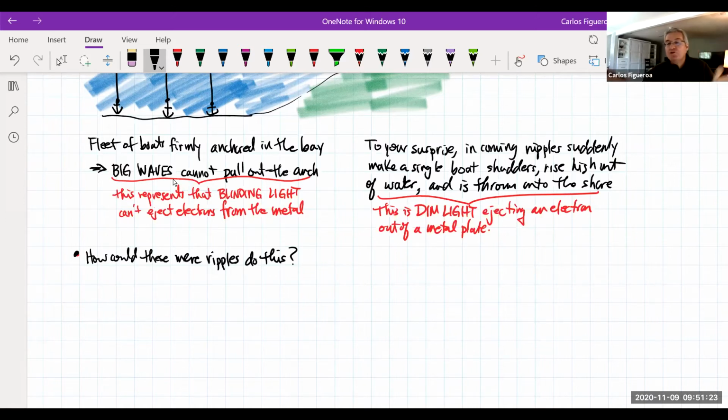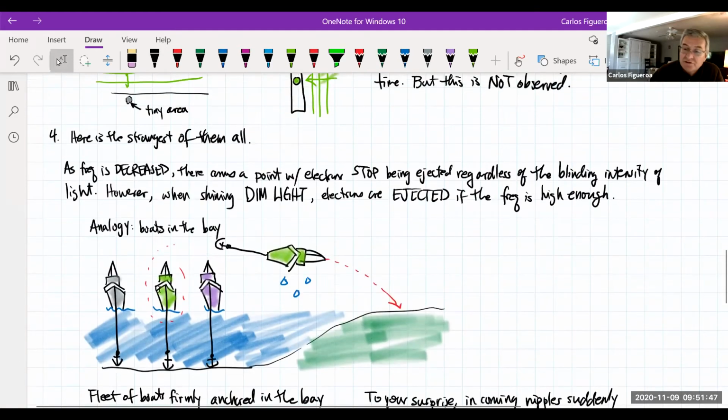Maybe if you captured all the energy of all the ripples in the bay and concentrated it into one spot, maybe there would be enough energy to take one out. But the energies of these ripples are spread out throughout the whole bay, so that's nonsense. Another thing that seems really strange is that it focused only on one boat. What about these other boats? How can you toss one of them and leave the neighbors untouched? That's another really crazy thing.